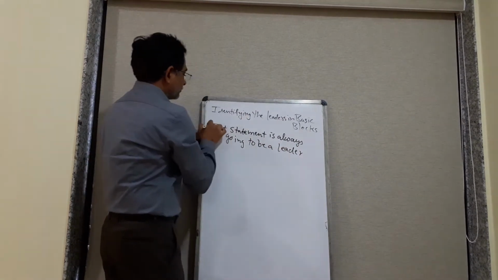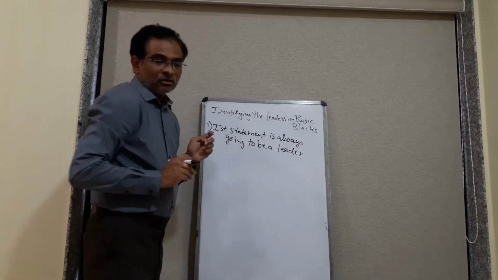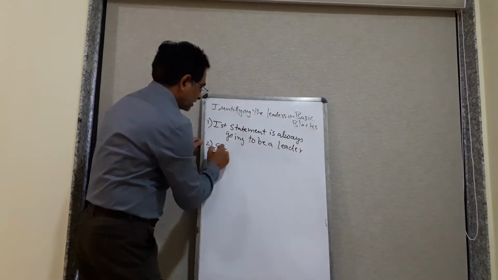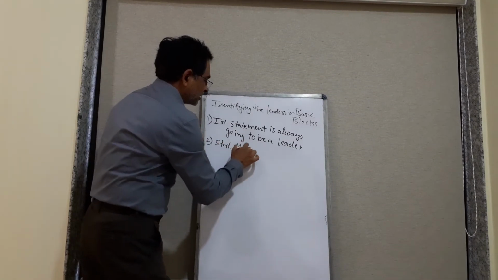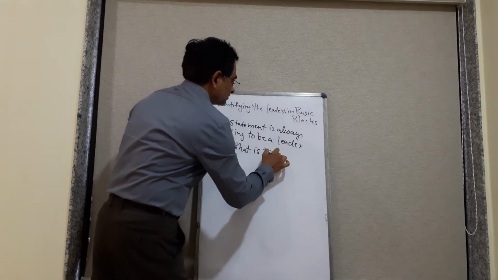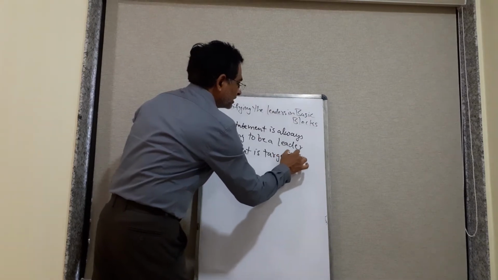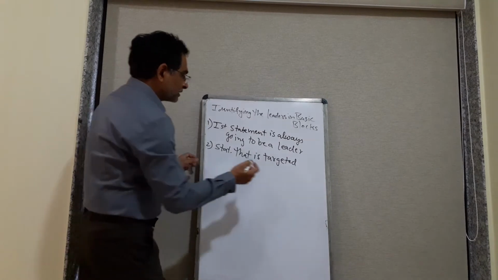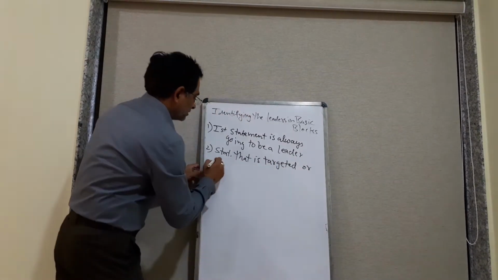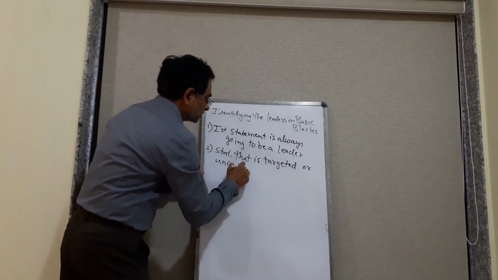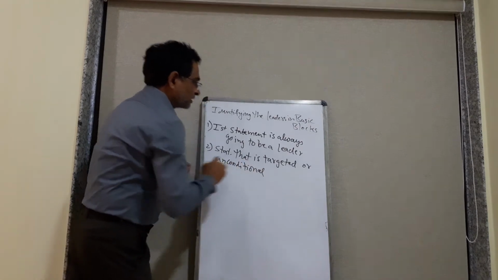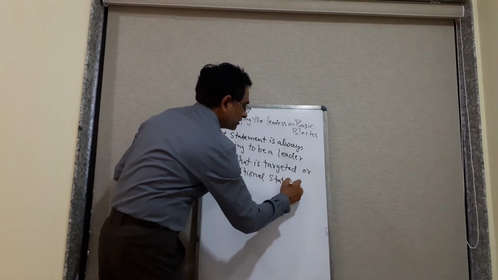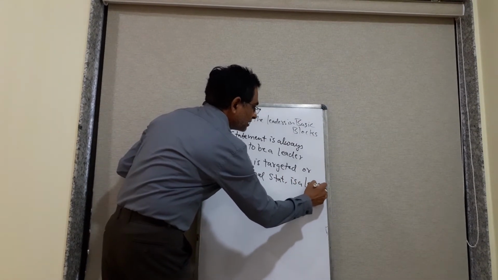So this is rule number 1. What is rule number 2? Rule number 2 states that a statement that is targeted, that means the target of a jump, go to, or an unconditional statement like jump, is a leader.